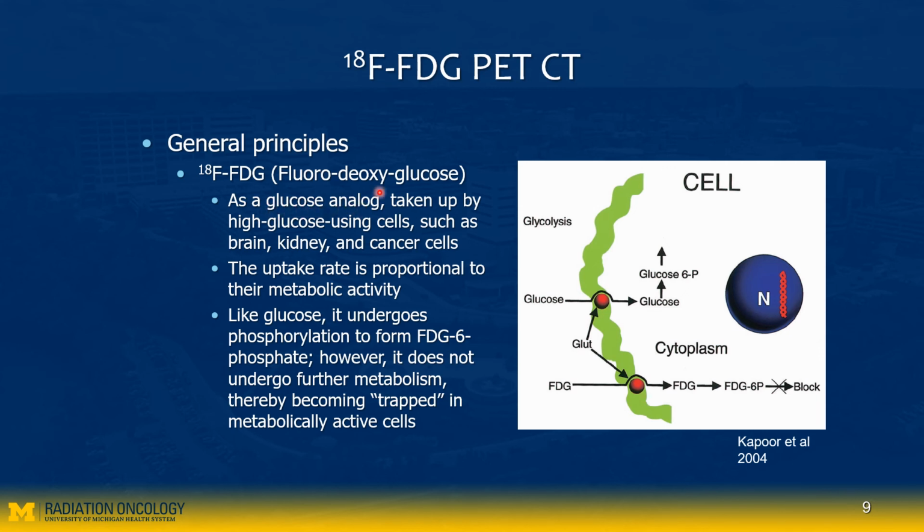That means your body thinks it is just regular glucose. It is taken up by any cells that use high glucose, such as brain, kidney, and of course cancer cells. The term uptake means it absorbs, it uses more. The uptake rate is proportional to the cell's metabolic activity.